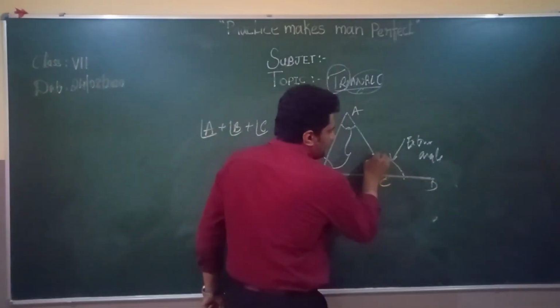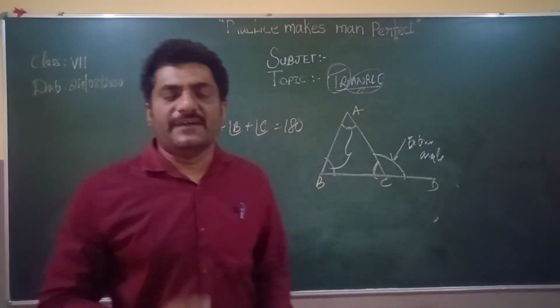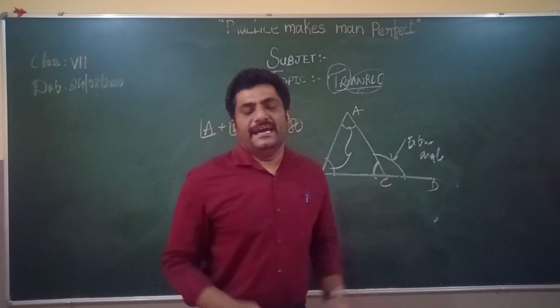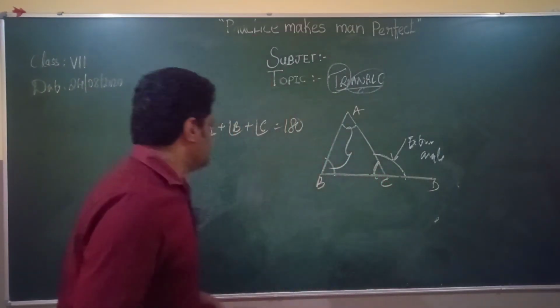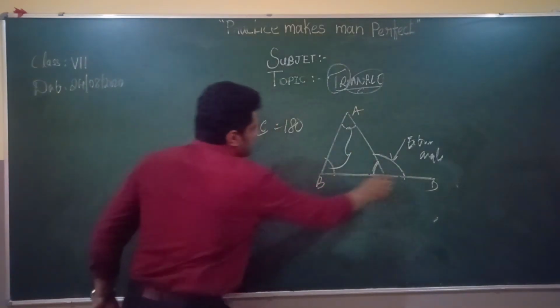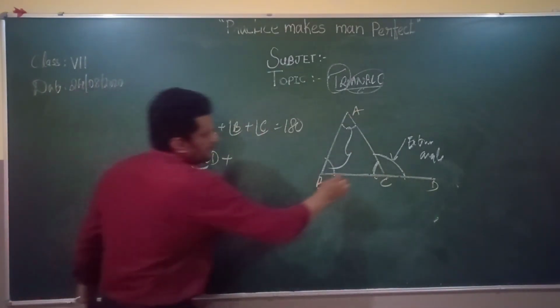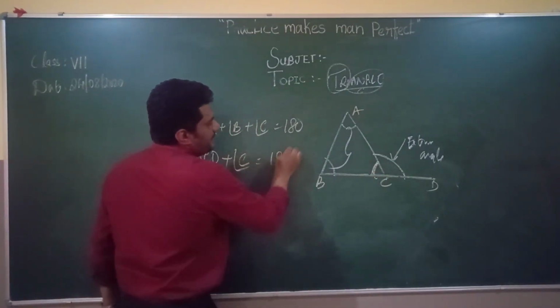If I add these two angles, I should always get 180 degrees. Why? Because these two angles are a linear pair, and a linear pair is always supplementary, which is nothing but 180 degrees. So I will write angle ACD plus angle C is equal to 180 degrees.